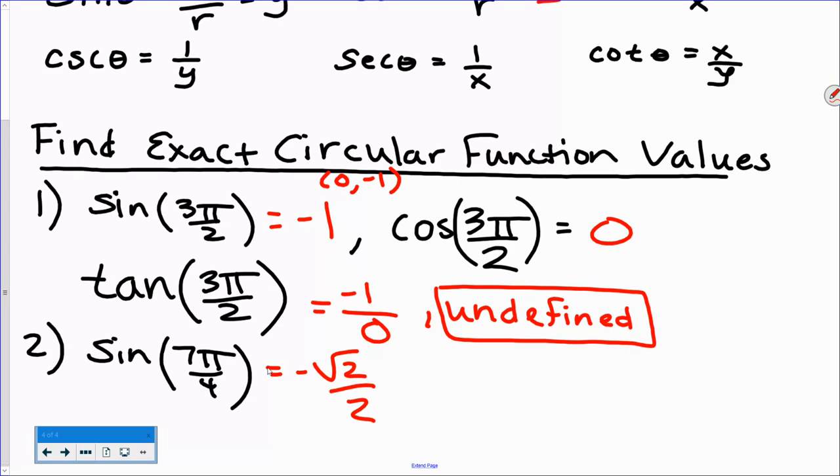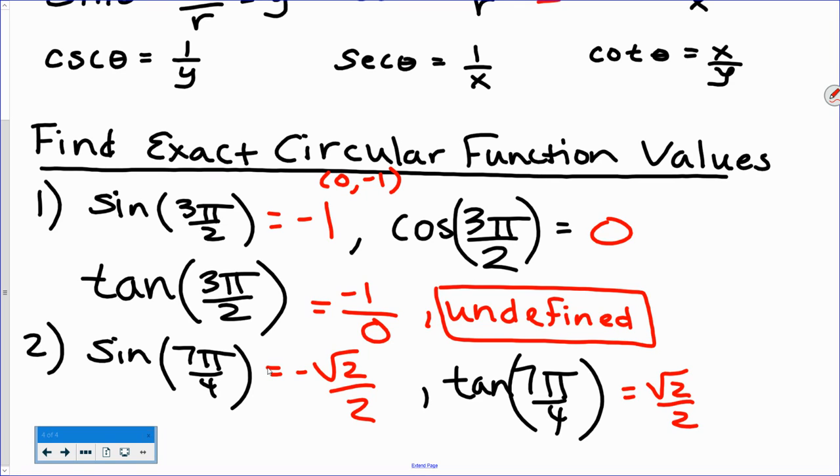Okay, so I could ask you about cosine of 7 pi over 4, you would just write the x coordinate. If I asked you about, let's say, tangent of 7 pi over 4, right, you have to take the x coordinate divided by the y coordinate. Don't make that more difficult than it is.